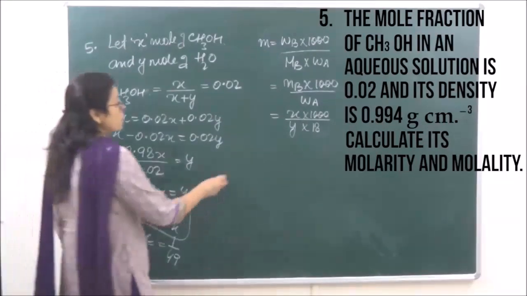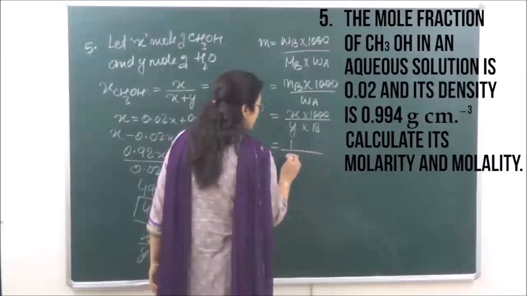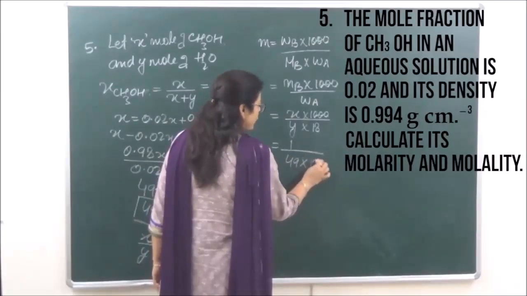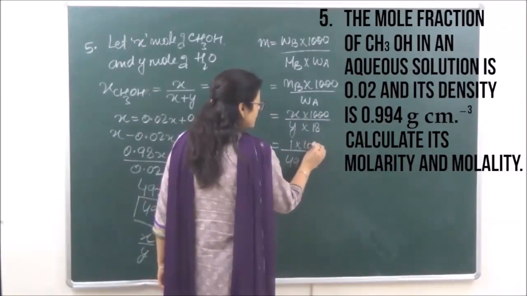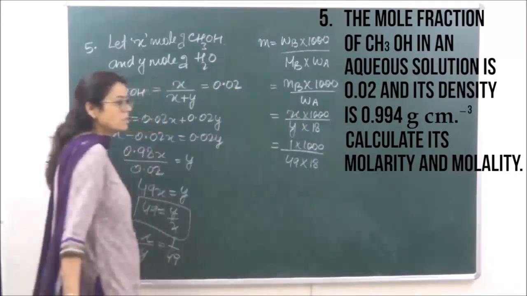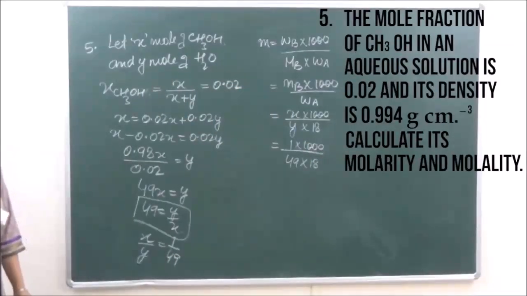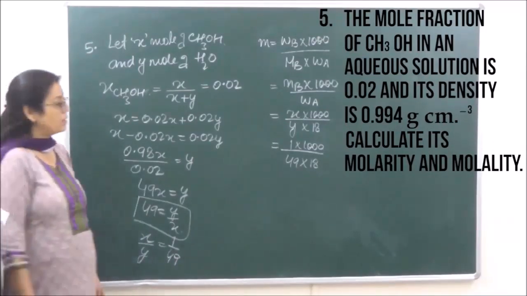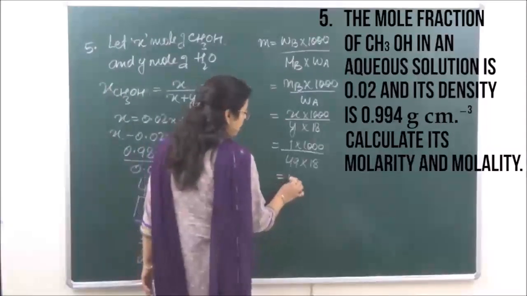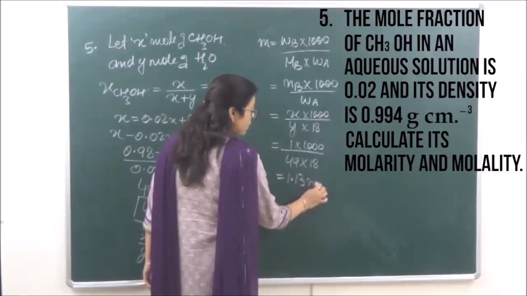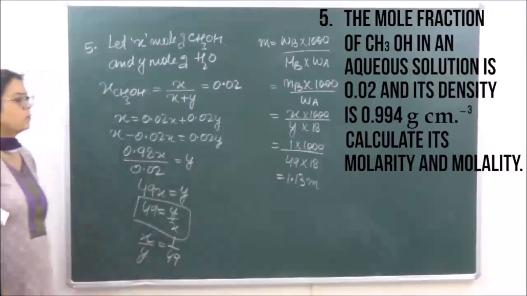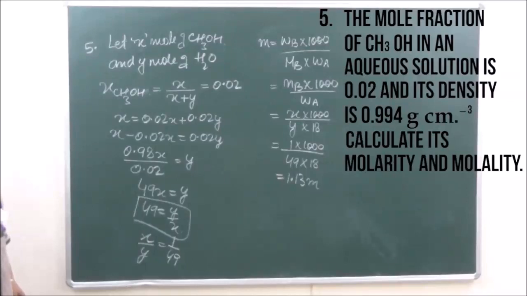So we put 1 upon 49 into 18 into 1000. So when we calculate this, it comes to 1.13 molal. Okay, so this is the molality.